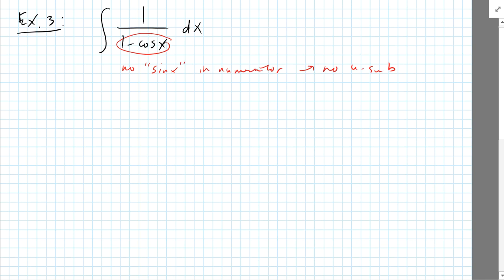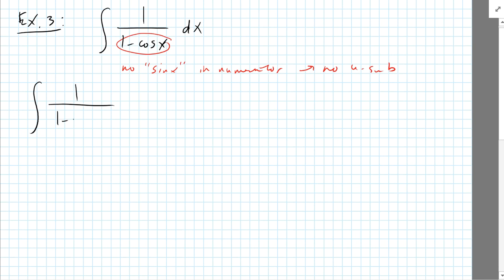So we go, okay, well, 1 minus cosine x really bothers me. But if you remember, the conjugate method was for clearing out radicals. It's also used for clearing out trig functions. Because it would be really great if that was a cosine squared. If it was cosine squared, we could use a trig identity and really be in great shape. So what we do is we take that and we're going to multiply top and bottom.